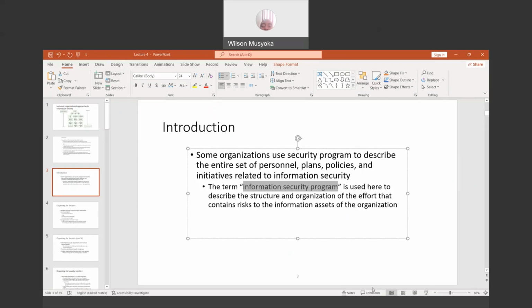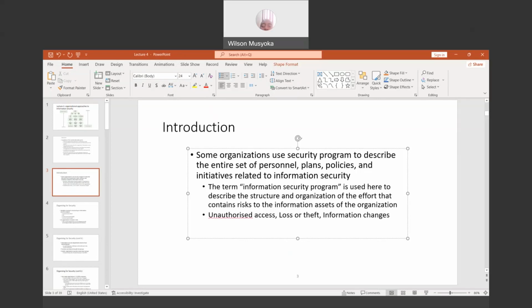And mostly you will find that most of the risks we normally talk about, if I may describe them, one of them is what we call unauthorized access to the information assets. The other one is loss or theft, and the other one is information changes.